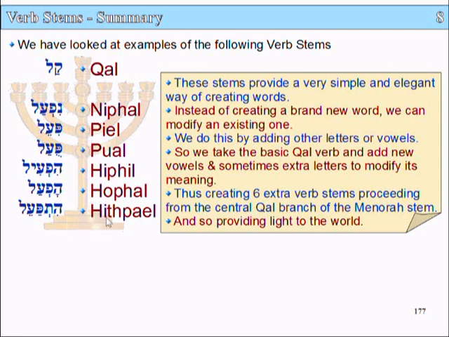Just a nice way of perhaps remembering it and looking at it, that the kal, which is in the center, from that all these other ones are derived.